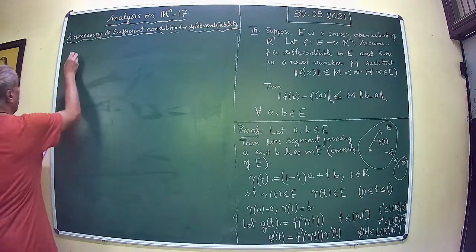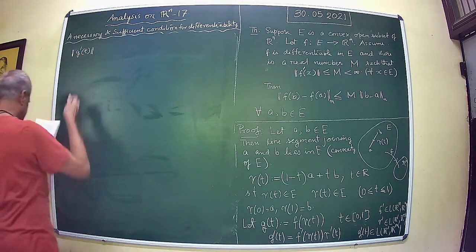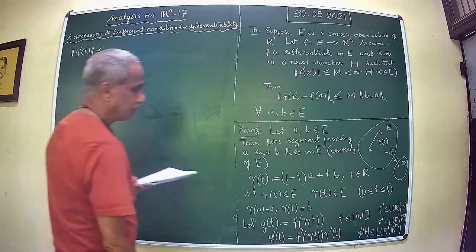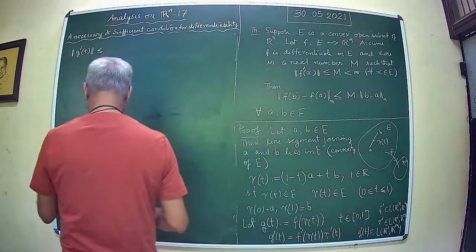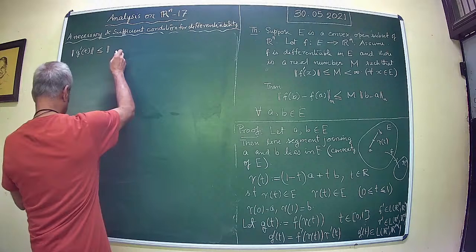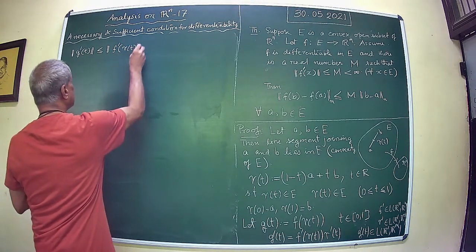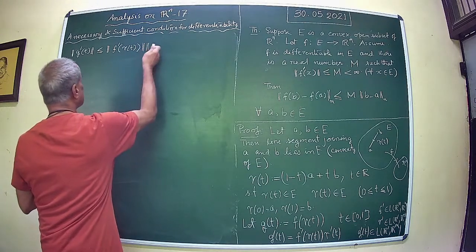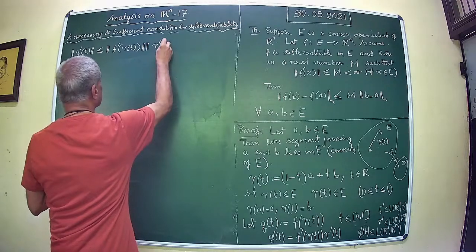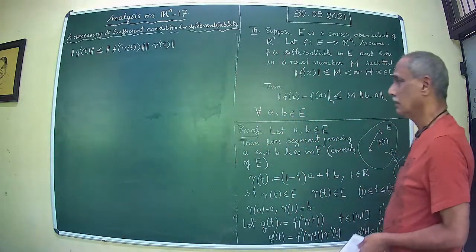So you have norm of g derivative of t less than or equal to norm of f derivative of gamma t times norm of gamma derivative of t, with the appropriate norms used.